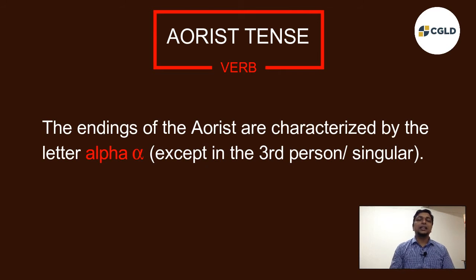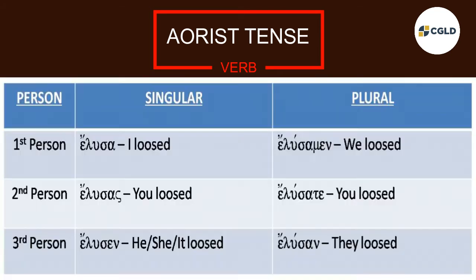The endings of the aorist tense are characterized by the letter alpha, except in the third person singular in number. Now I want you to follow that all the others, first person singular, first person plural, second person singular, second person plural, and third person plural, have the ending alpha in them.